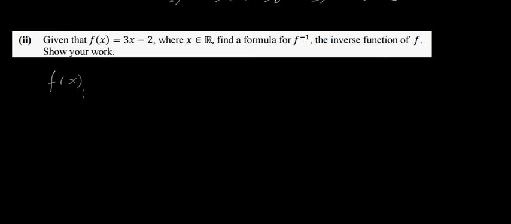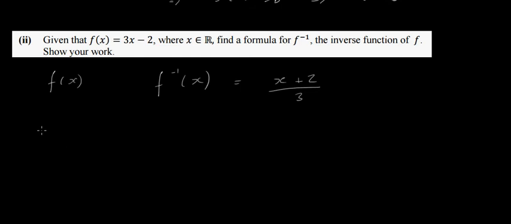So what we want to end up with is adding 2 and then dividing by 3. So if we multiply by 3 and subtract 2, our inverse of x should end up, we take our x, we're going to add 2 and divide by 3. That's what we should end up with. But how do we actually do that?